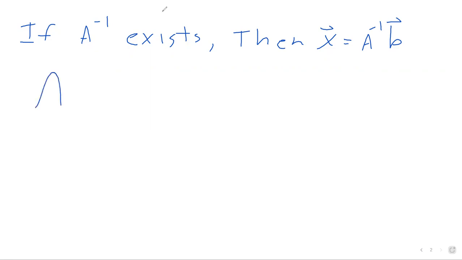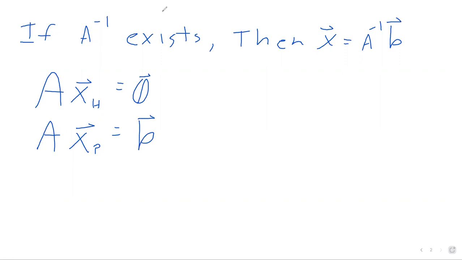So we have A times X sub H equal to the 0 vector, then A times X sub P, which is equal to B. Our overall answer is X sub H plus X sub P.